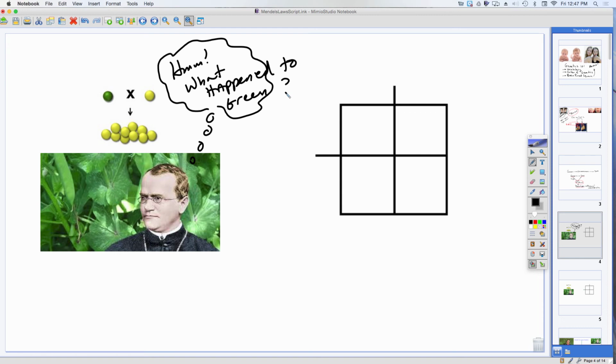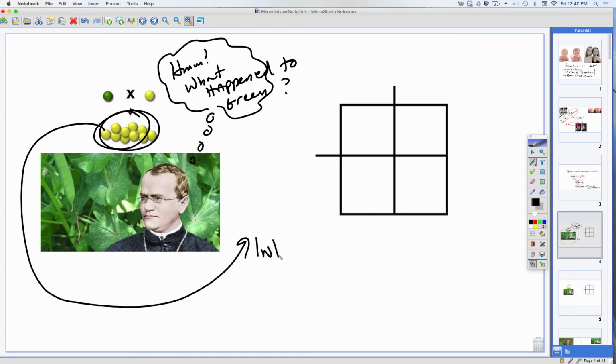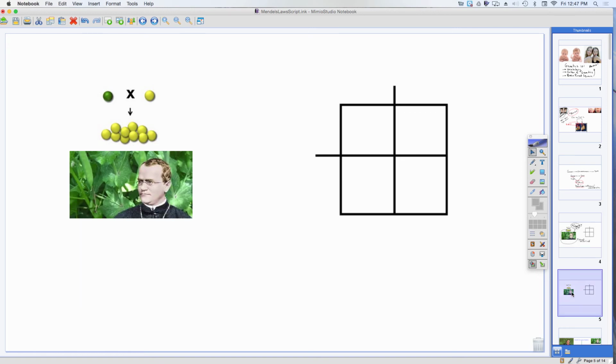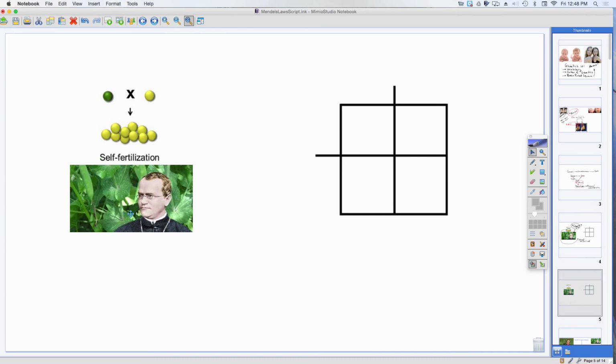So Mendel then decided to take these yellow hybrids and he decided to allow them to inbreed. Actually, they self-fertilize. He basically took the pollen from a flower and mixed it with its own egg. So he kind of forced it to have sex with itself. And this was a good way in order for him to see what might have happened to green.